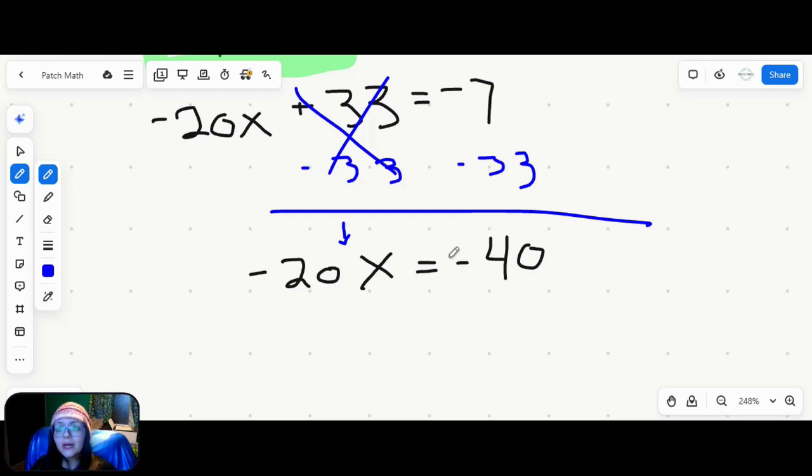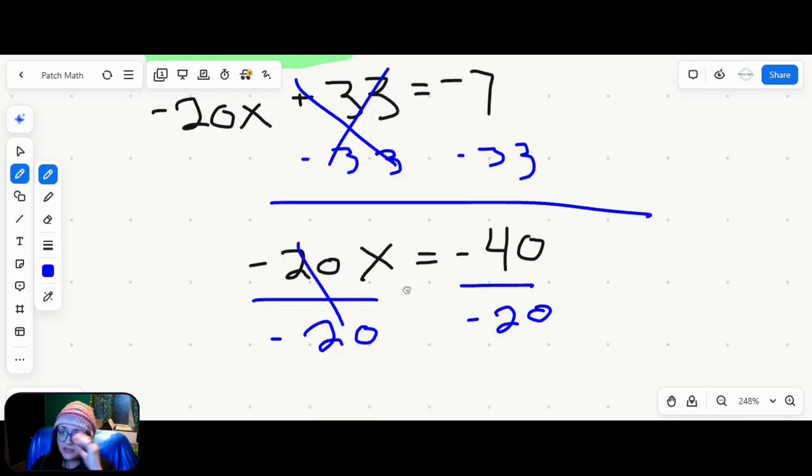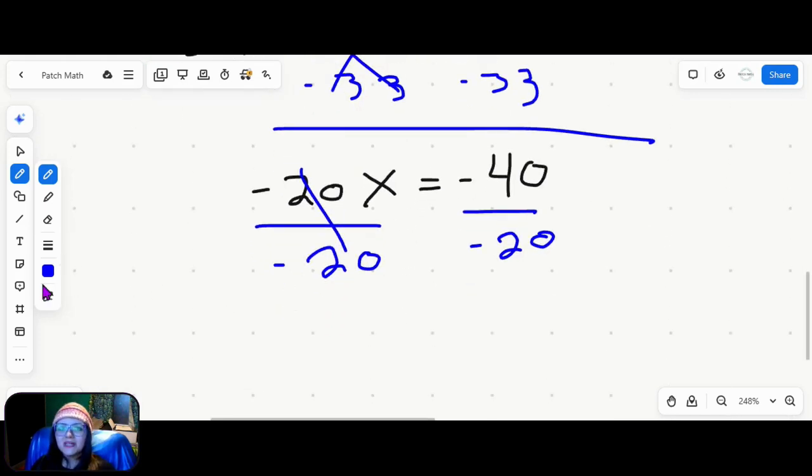So we will be undoing multiplication. The opposite of multiplying is division, so we'll be dividing off -20 on each side. -20 divided by -20 is 1, leaving us with 1 times x on that side, in other words, just x. And then -40 divided by -20 is 2.